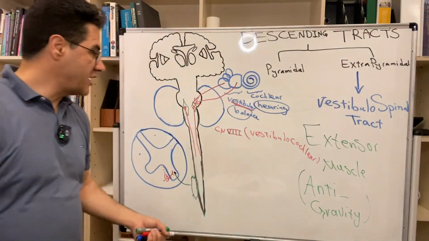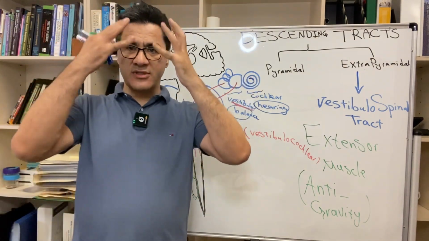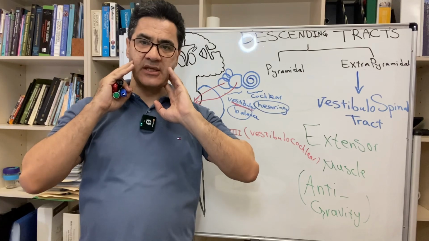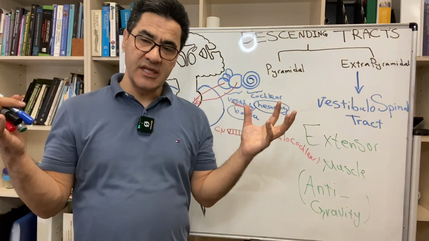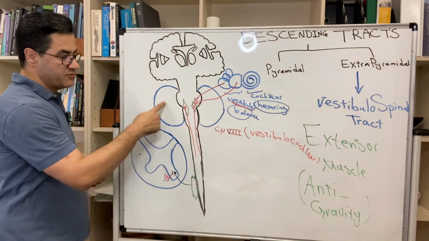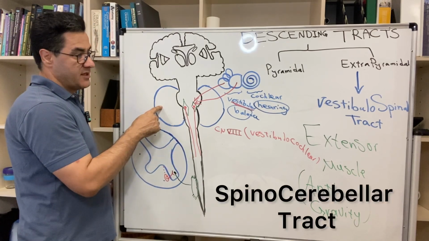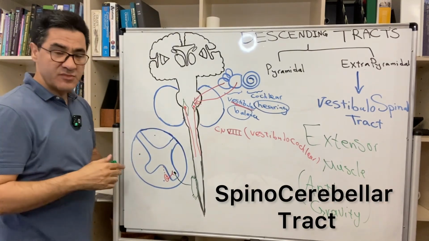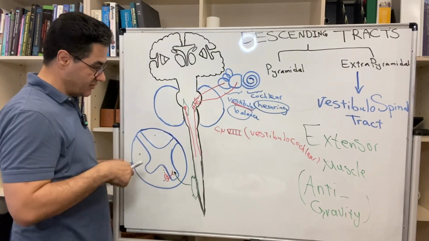It's called the spinocerebellum. So the inner ear knows about the position of your head and neck, and the cerebellum knows about the position of the limbs and vertebral column. It receives information from the spinal cord, and then sends information to the vestibular nucleus and stimulates it.